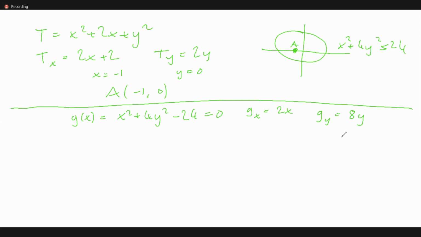So now we apply the Lagrange multipliers, which tell us that delta T is equal to lambda delta g, from which we have the two equations. 2x plus 2 is equal to lambda times 2x, and 2y is equal to lambda 8y.